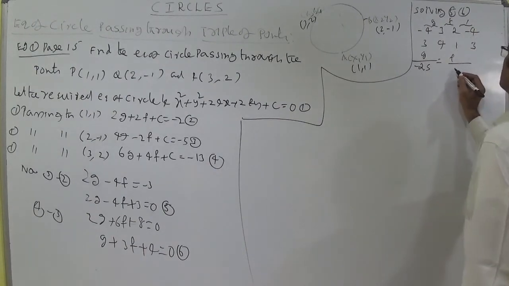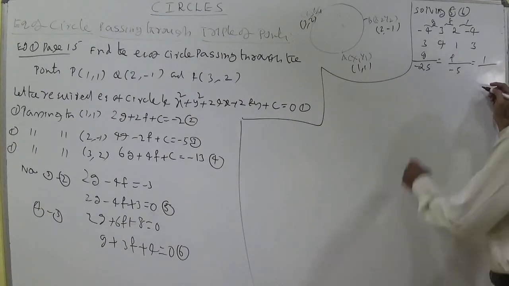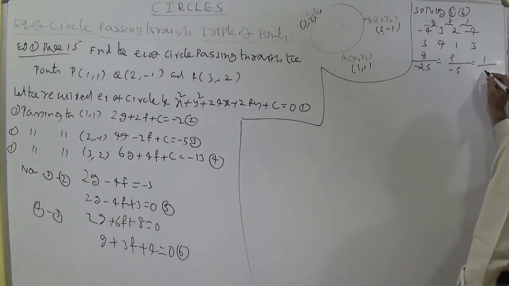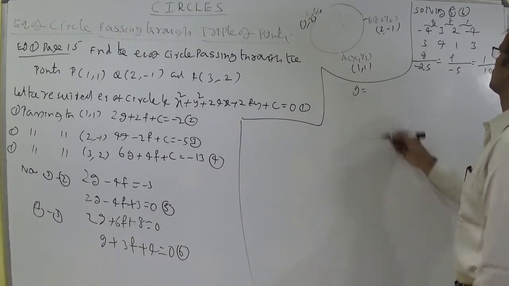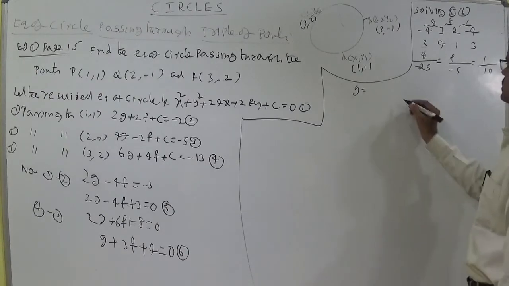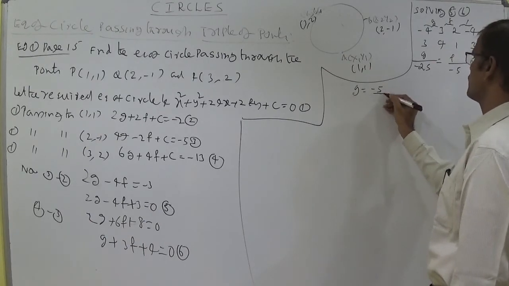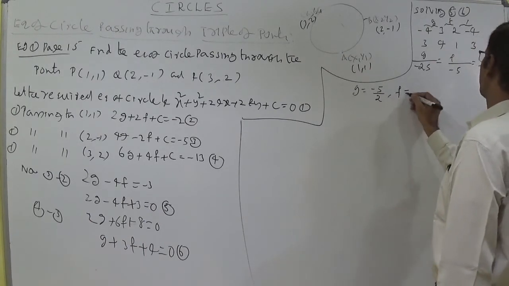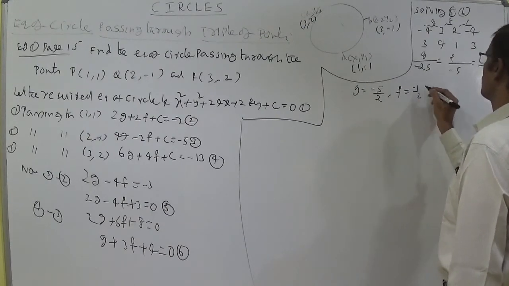F by 3 minus 8, you can write here minus 5. 1 by 6 plus 4, this is 10. So g is equal to minus 25 by 10, you can write as minus 5 by 2. F is equal to minus 5 by 10, you can write this one as minus 1 by 2.